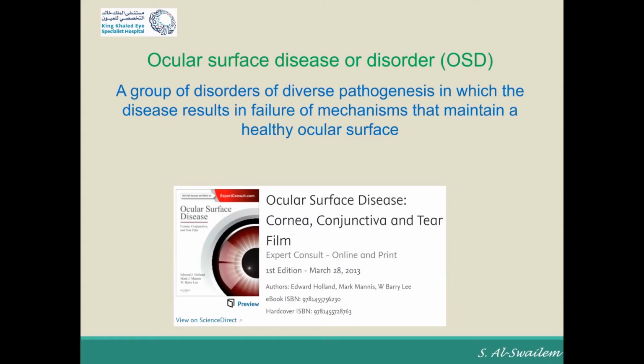So it's a disease that may affect purely the cornea, or may affect the cornea and conjunctiva, and leads to an abnormal interaction between all these surfaces that I mentioned earlier. And if you want to read more about ocular surface disease, Edward Holland published a nice book about all the ocular surface diseases.